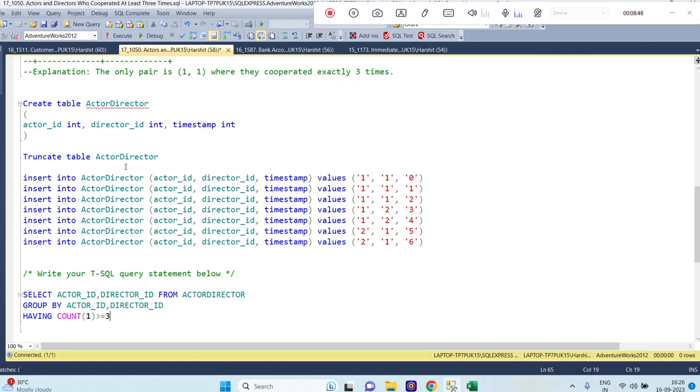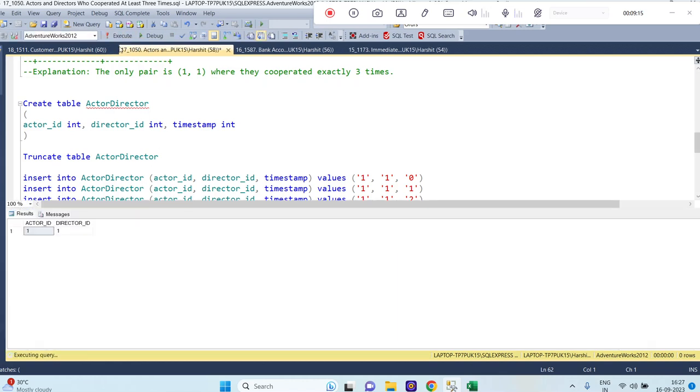Whenever we are using the group by clause, at that time we need to use the having clause with the group by to find how many times the combination is repeating, like more than 3 times or more than 2 times. Here our requirement is 3 or more times. So I have used having count of 1 greater than or equal to 3. So this will be our output, right?